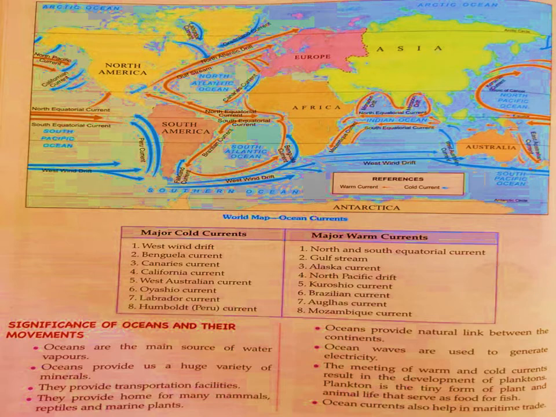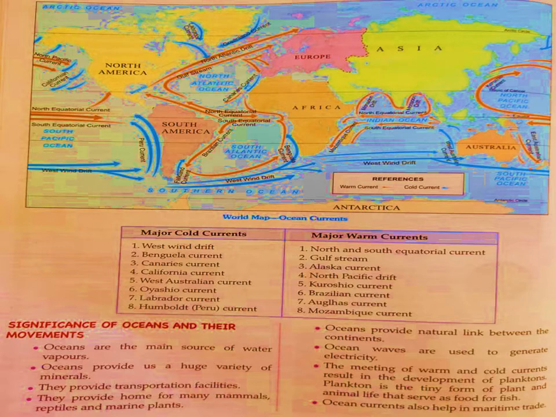Now we have the significance of ocean and their movements. Oceans are the main source of water vapors. It also provides a huge variety of minerals. It provides transportation facilities. Also, it is home for many mammals, reptiles, marine plants.